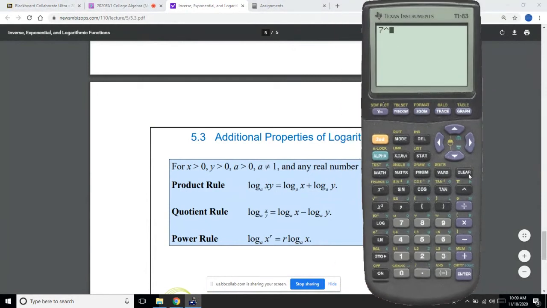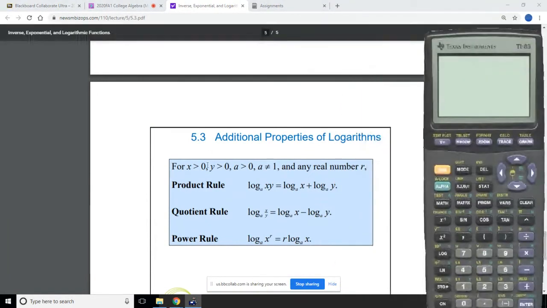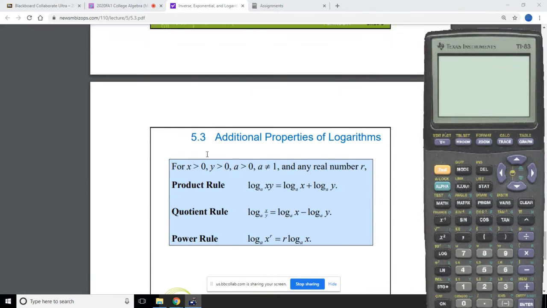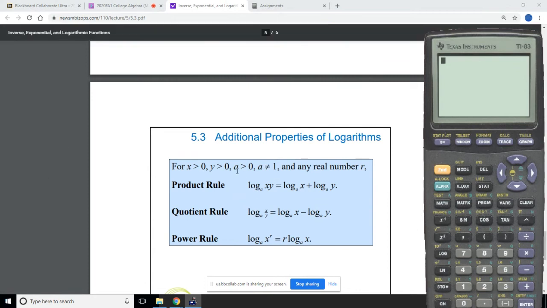All right, so next we have these additional properties of logs. And there are 3 rules: a product rule, a quotient rule, and a power rule. The product rule says log base a of x times y is equal to log base a of x plus log base a of y.